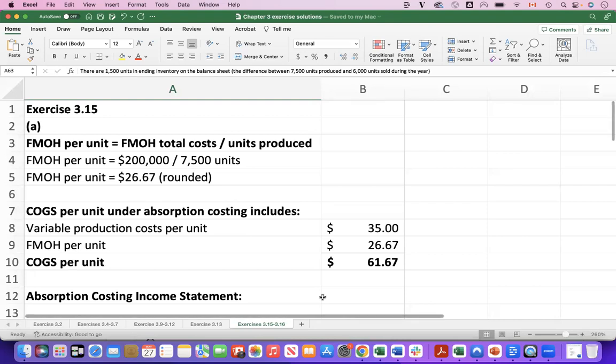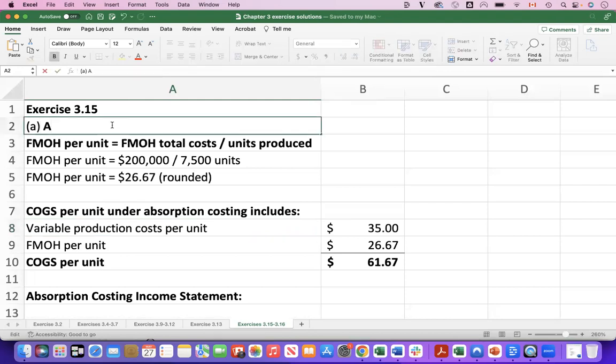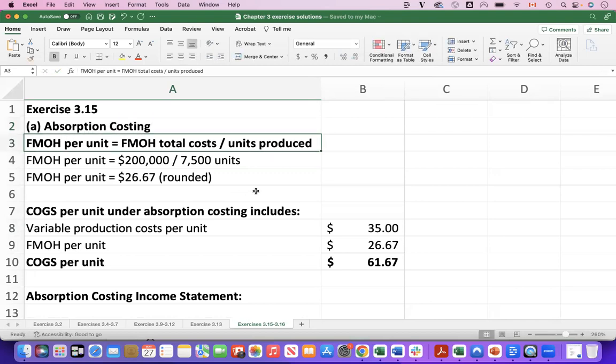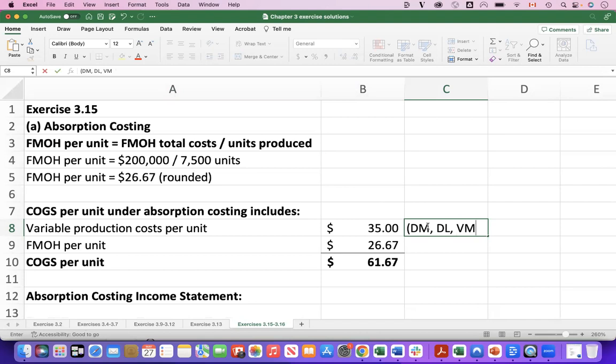They've already given us the variable production cost per unit. So I'm skipping ahead here just a little bit. And let me just highlight that we're dealing with absorption costing in this example in part A. $35 per unit. We can assume that that's the direct material, direct labor, and variable manufacturing overhead.